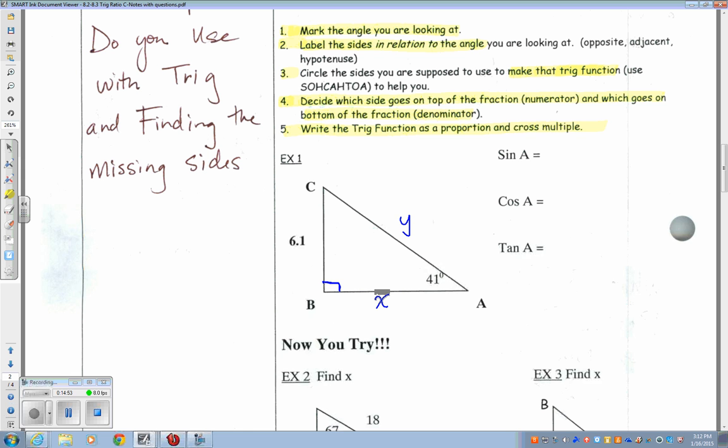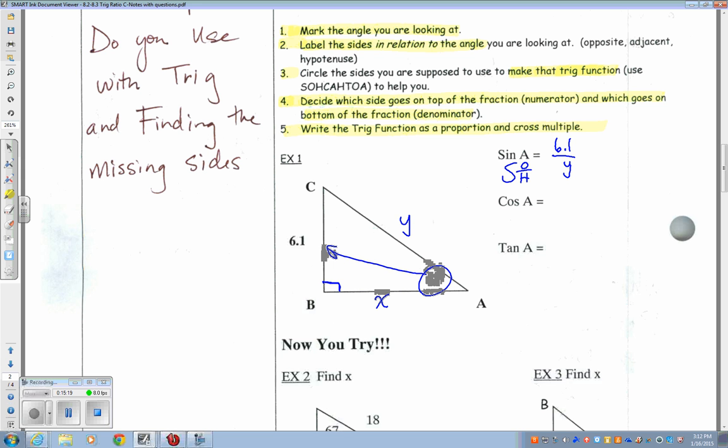So on this first example, again, we're doing the sine of A. Well, the sine of A is that 41 degrees. And so sine, again, is the opposite over hypotenuse. So I'm just going to write the ratio that represents opposite over hypotenuse. Well, opposite is the 6.1, and the hypotenuse would be Y. So it's 6.1 over Y.